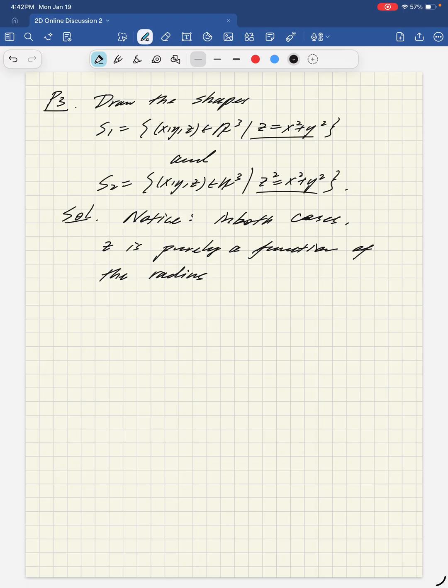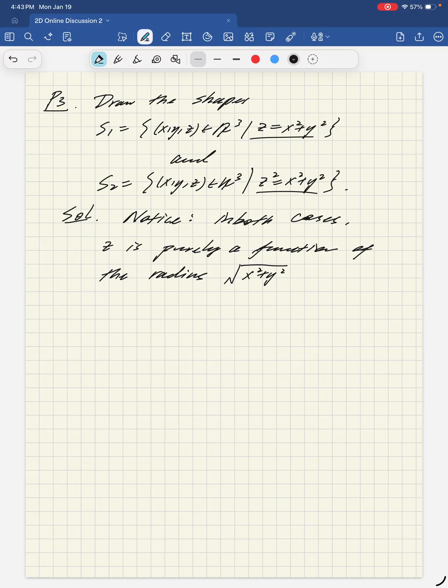Now, what is the radius? The radius is just the square root of x squared plus y squared. So it means if you imagine z being a function of both x and y, then this function doesn't care where actually your x and y are, as long as they are the same distance from the origin.